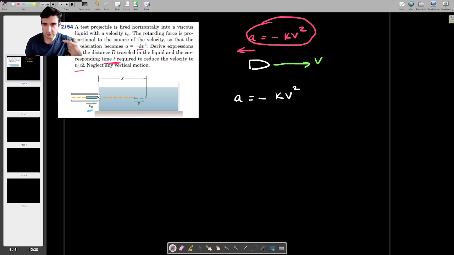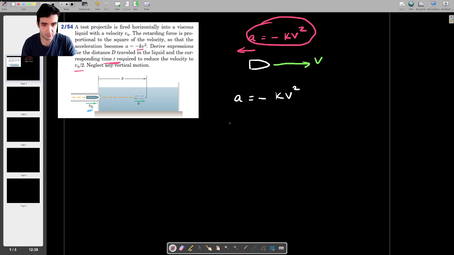Now let's try to decide the order in which we're going to solve this. So the question says derive expressions for the distance traveled, which is one thing, and then the other thing is find the corresponding time to reduce the velocity to half. So the first thing I'll do is try to answer the first question by finding the distance.